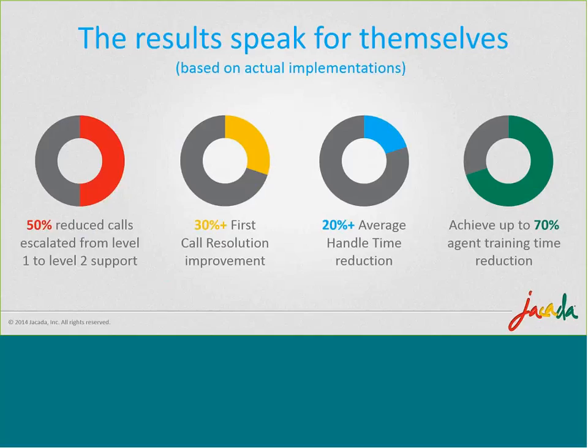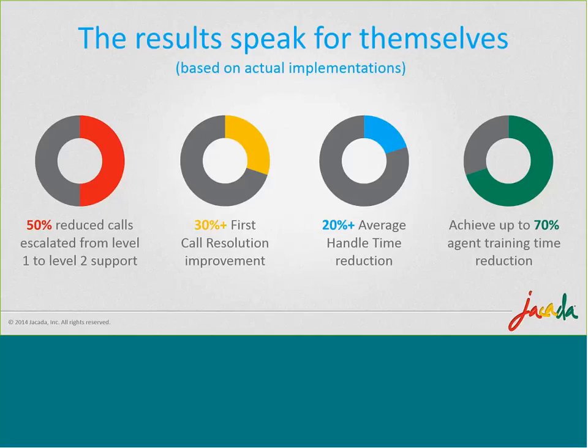This was implemented, we'll do a little case study here at the end, by a large telco corporation in the tech support group, where many of their calls couldn't be resolved by the level 1 agents and had to be escalated to level 2 agents, where the call then started from scratch again. So by implementing guidance and scripting, they were actually able to have the level 1 agents handle that many more calls, resulting in 50% fewer escalations.